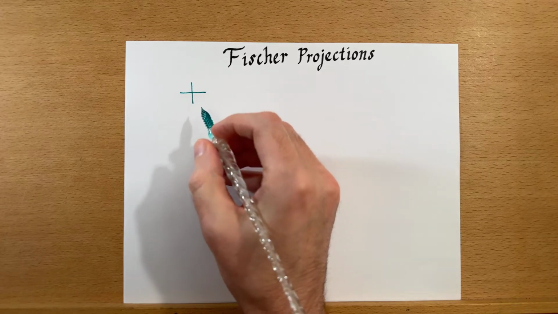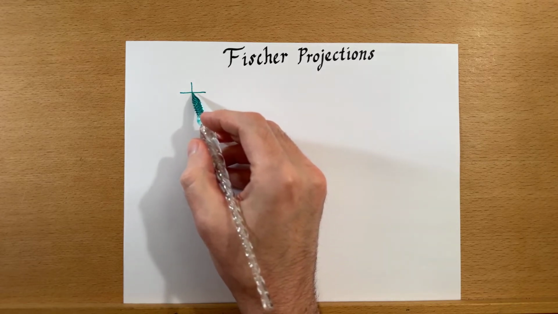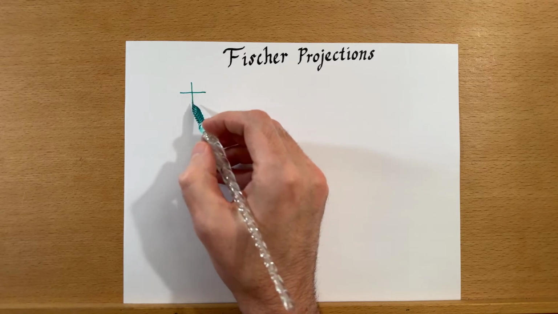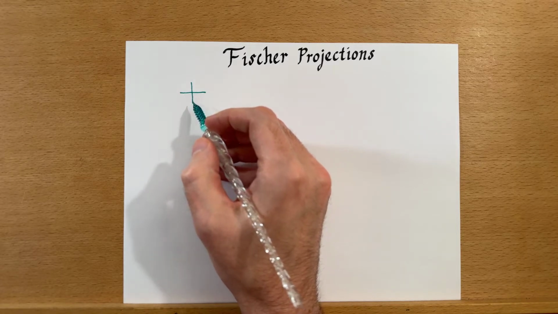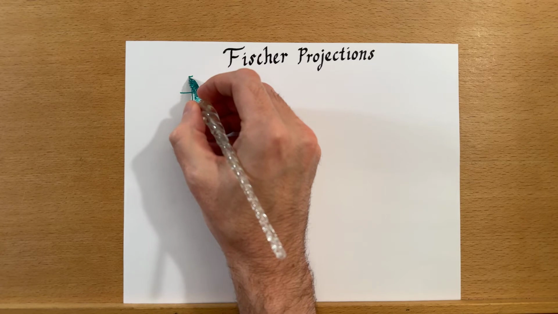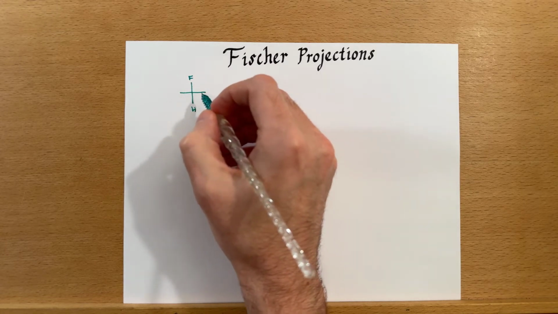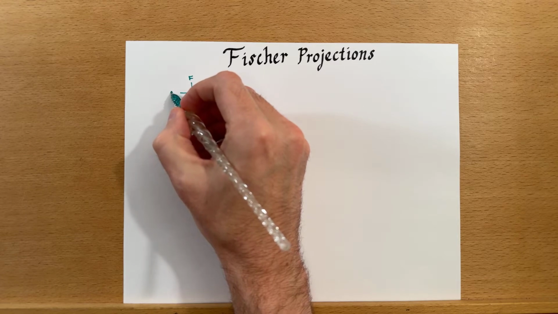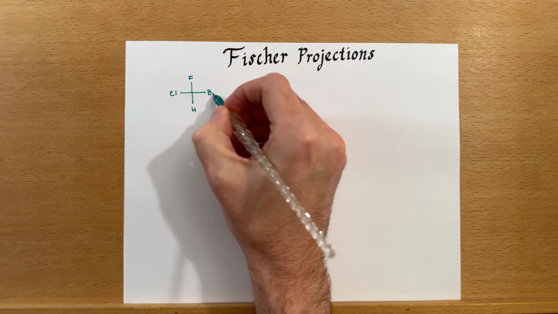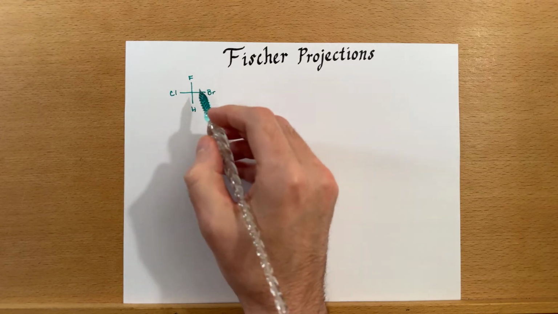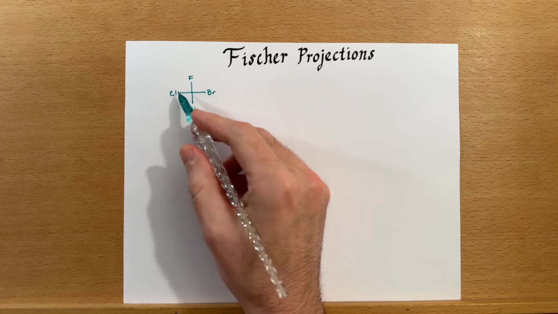So here's an example. We draw the asymmetric carbon at the center of this cross, and then we put our substituents around it, like so. This is a chiral molecule because it has 4 different groups around it.